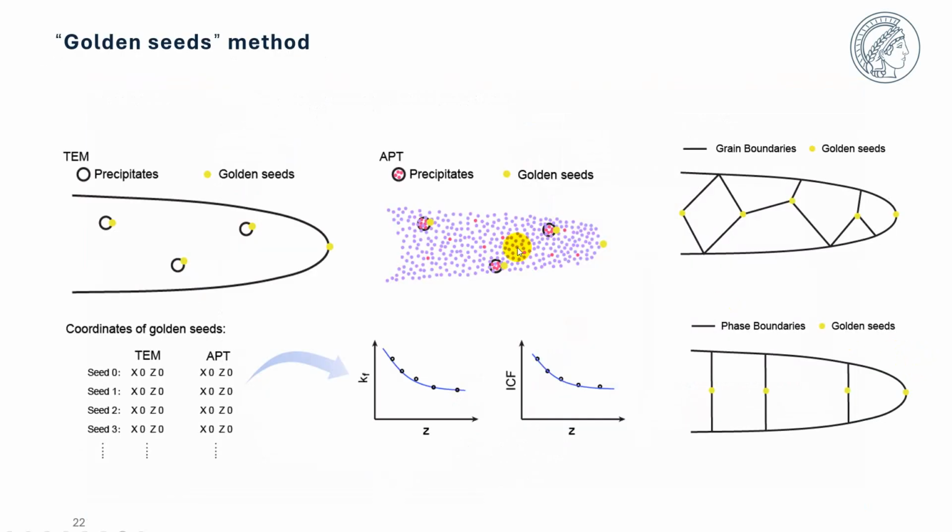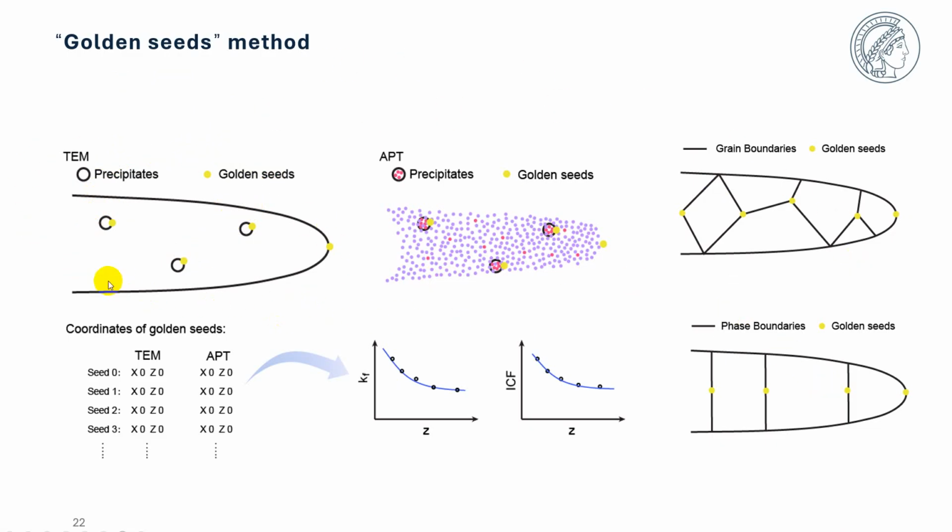Okay. Then next, I want to introduce the golden seeds method. So in the software, we also provide a reconstruction method, which we call the golden seeds method. The main principle is we use some feature points we obtain from the TEM or STEM or 4D STEM to do a correlative reconstruction between TEM and the APT result.